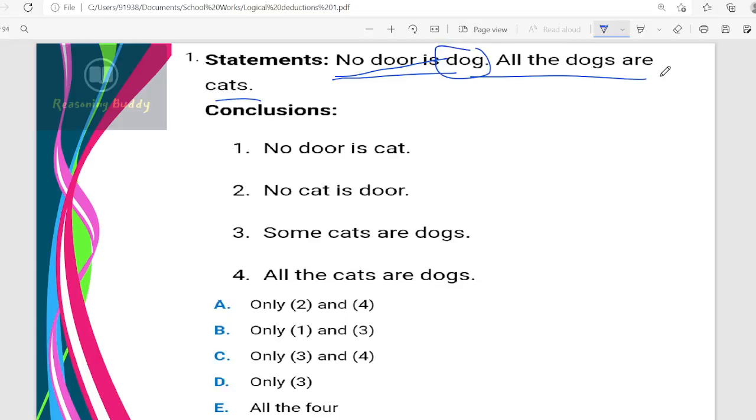Dog is distributed at least once, so two rules follow, and according to rule number 5, the answer should be negative, so this is wrong and this is also wrong. Sorry, yeah, the answer should be negative. Okay.